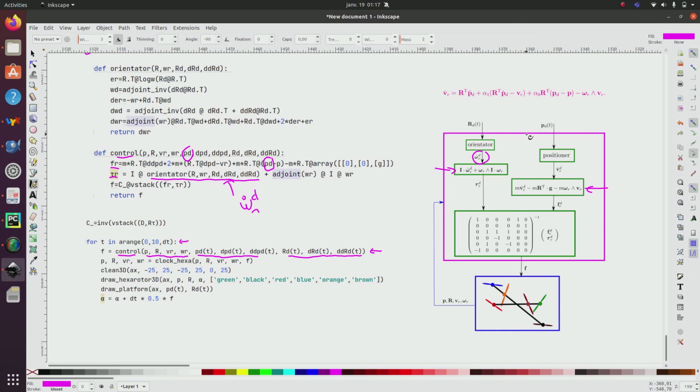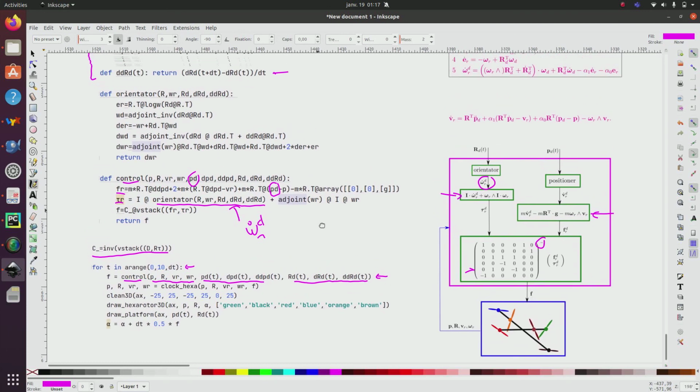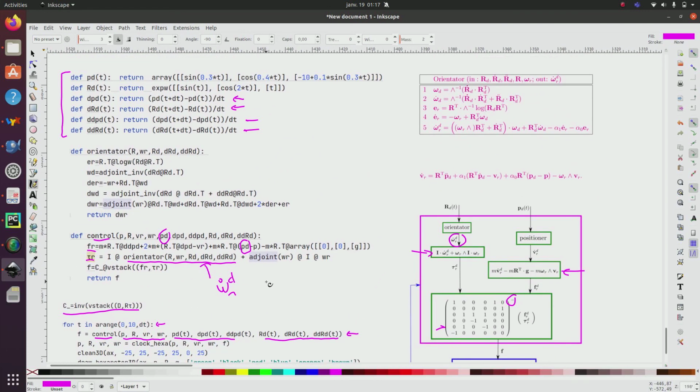Now I also need the expression for the concentrator and the inverse, and it is computed here. Now the orientator, I recall that it is given by this algorithm, and the procedure we have here implements the orientator.